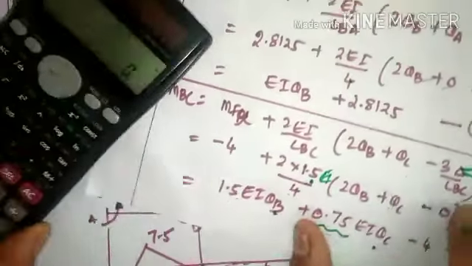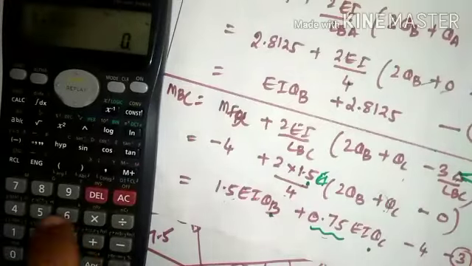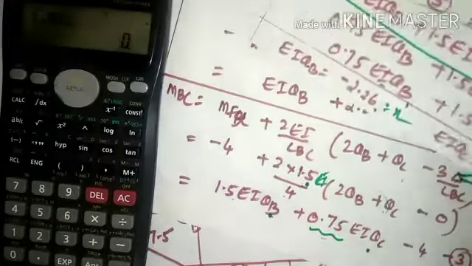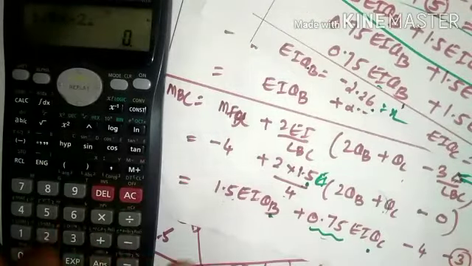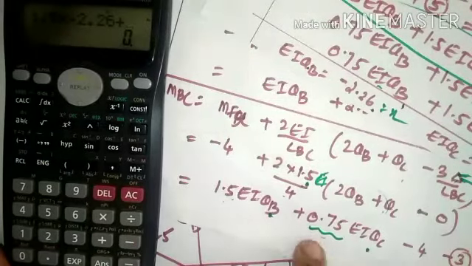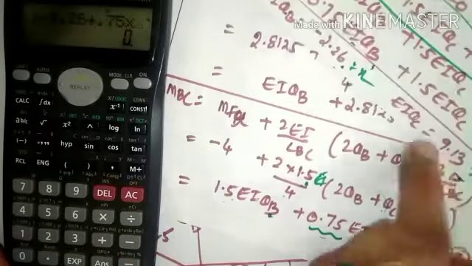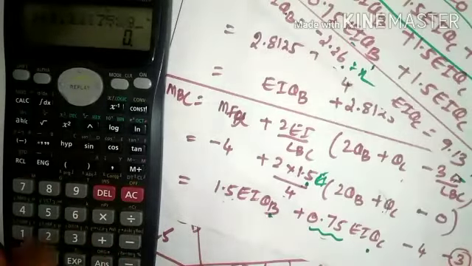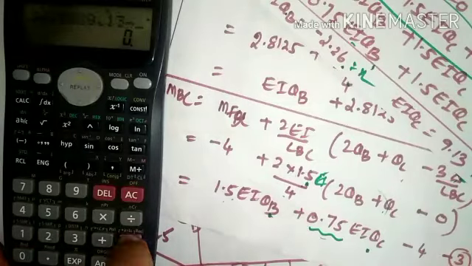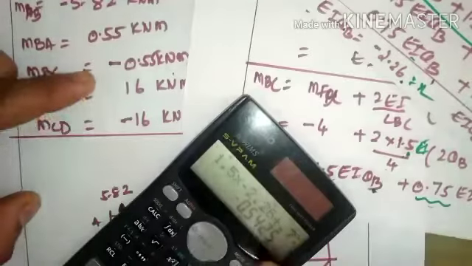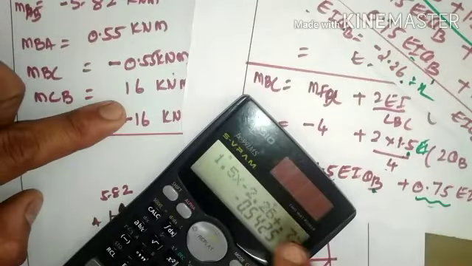If you consider this, 1.5 into EI theta B is minus 2.26, plus 0.75 into EI theta C, which is 9.13. Next minus 4. So which will come as 0.55. So same way.